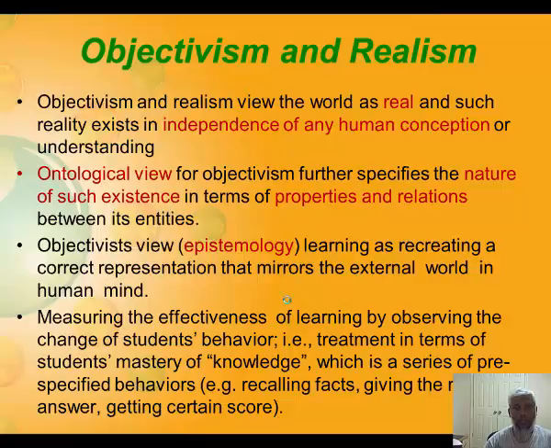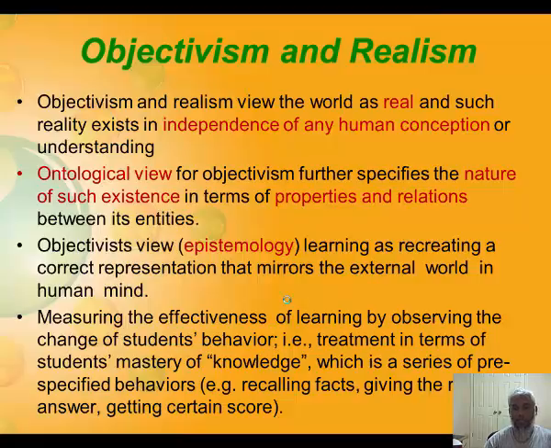Objectivists view learning as the creation of a correct representation that mirrors the external world in the human mind, and measuring the effectiveness of learning is done by observing the change of students' behavior through recalling facts, giving the right answer, or getting a certain correct score.